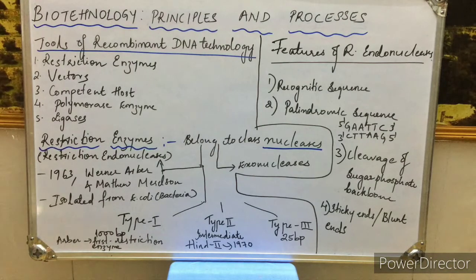The length of the DNA sequence is given in base pairs, such as 1000 base pairs or 400 base pairs. The number of nitrogenous bases paired together forms the length of the DNA sequence. So the type 1 restriction enzymes cleave the DNA sequence 1000 base pairs away from the recognition sequence, which is the sequence the restriction enzyme is going to identify.